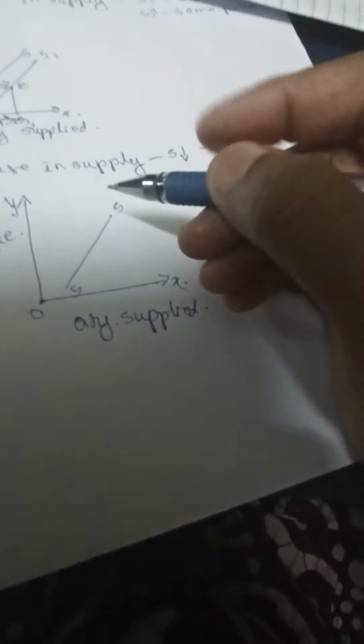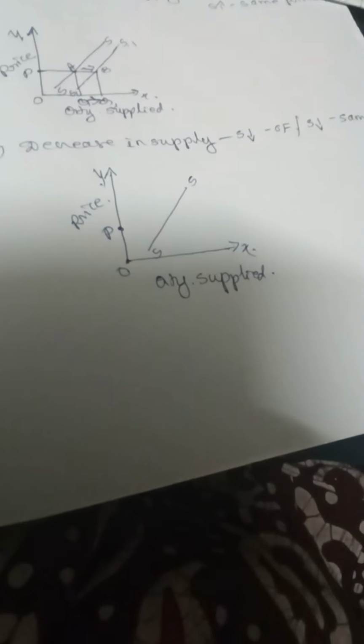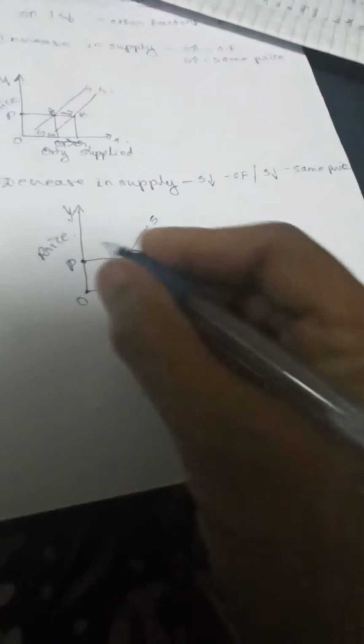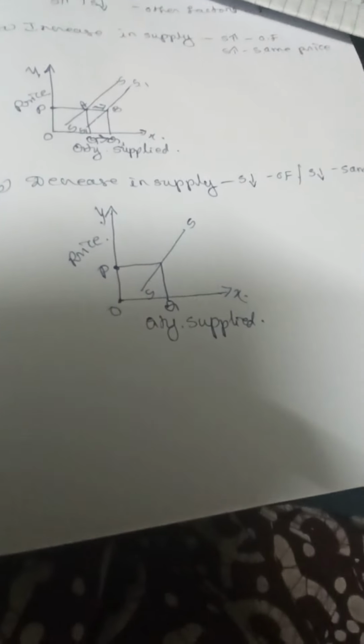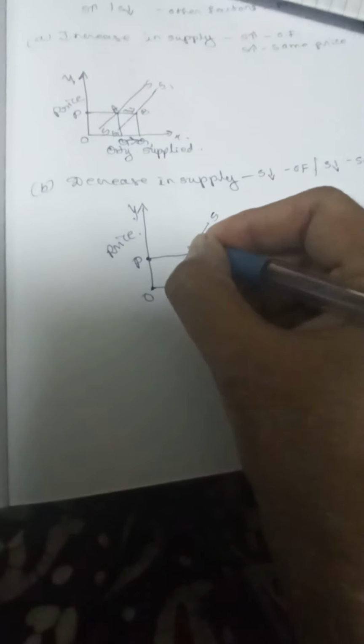Take the first supply curve a little right side, one more will come on the left side. Assume that the price of the product is OP. What is the quantity supplied? Join it up to the supply curve, then join it to the x-axis. Mark it as Q. This is our point A now.